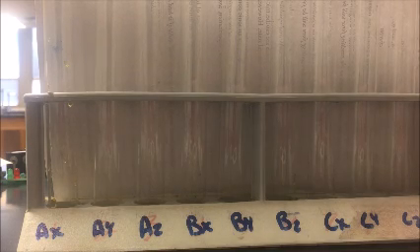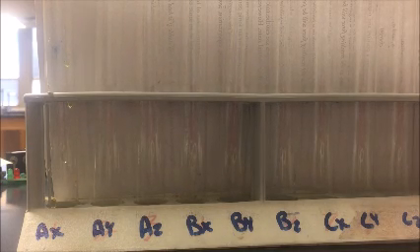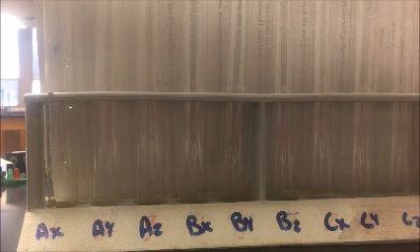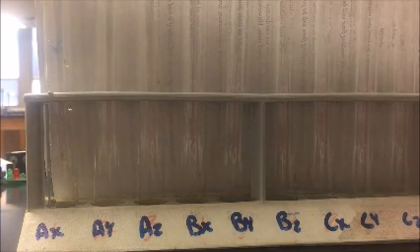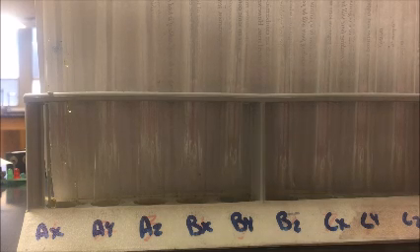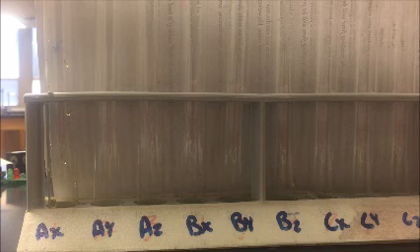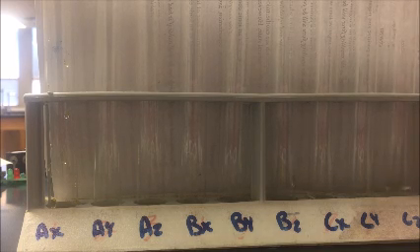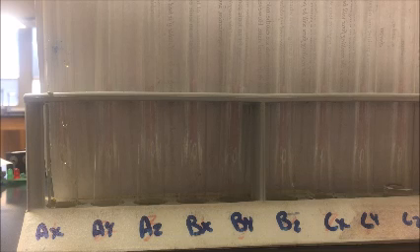So now all test tubes BX, BY, and BZ have compound B. And now I'm going to put compound C in each of the C test tubes, so CX, CY, and CZ. So now I can start doing my reactions.